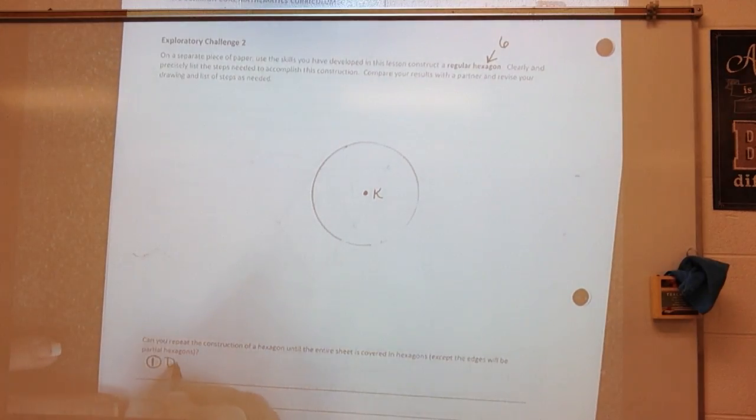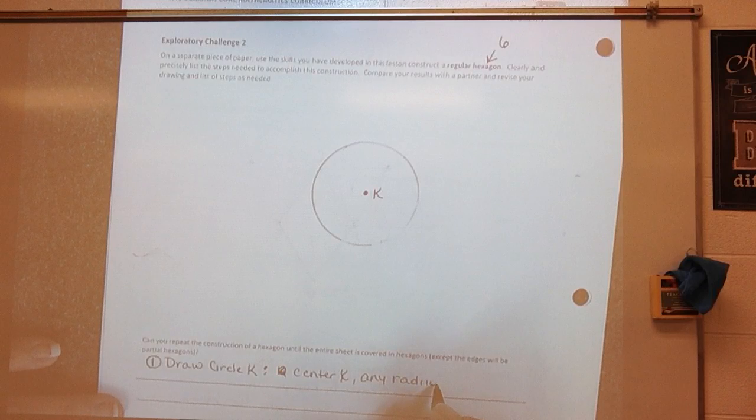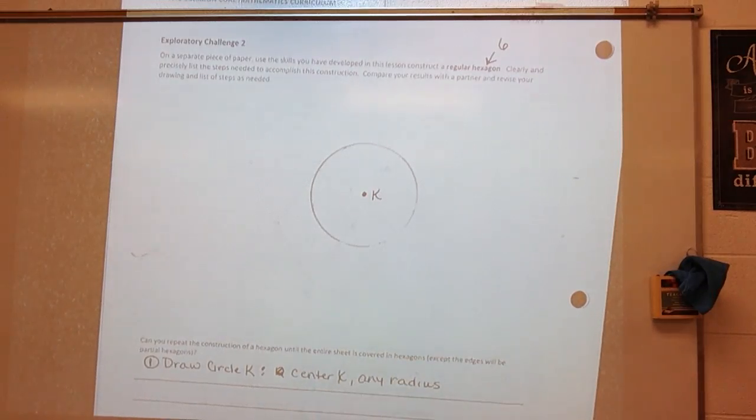Alright, so draw a circle K. Remember, K is the center. And in this case, I have any radius. I don't have another letter just yet, so I have a radius.